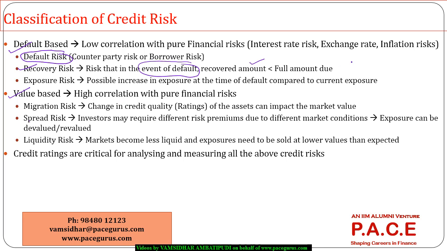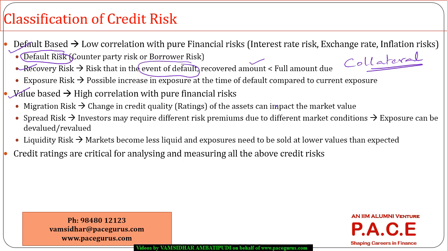In some cases, I may have taken a collateral under the assumption that this collateral would typically offset the possibility of loss that might crop up because of the default of the counterparty.